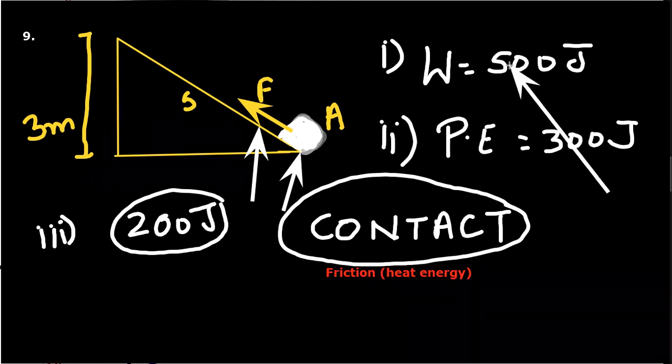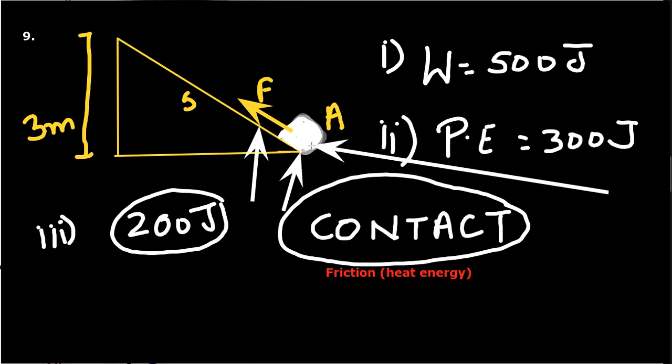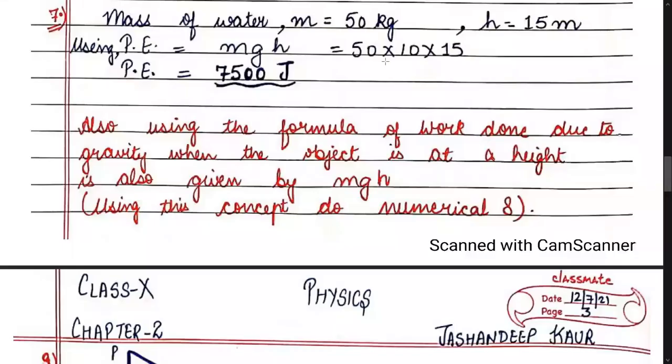So 500 joule work was done, 300 joule of increase in potential energy happened, and 200 joule is lost in the form of heat energy. Why? Because there is friction between the two surfaces since they are in contact with each other.